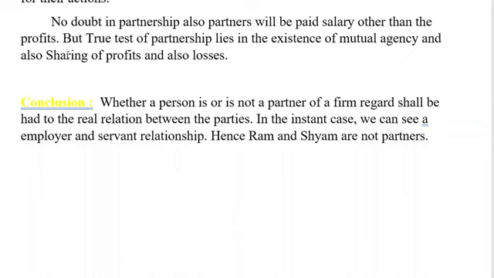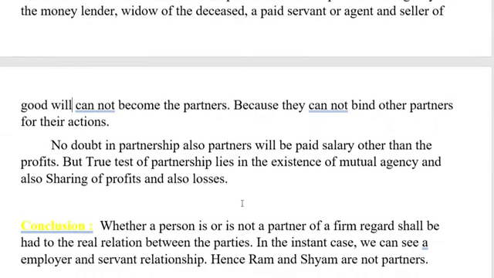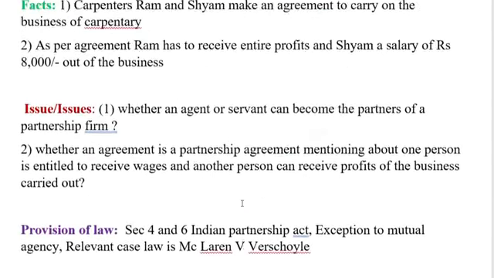Here, the relationship between Ram and Sham is like an employer and employee. We don't find the relationship as partners. So in the instant case, we can see an employer and servant relationship. Hence, Ram and Sham are not partners. In this way, we have to decide the problem.